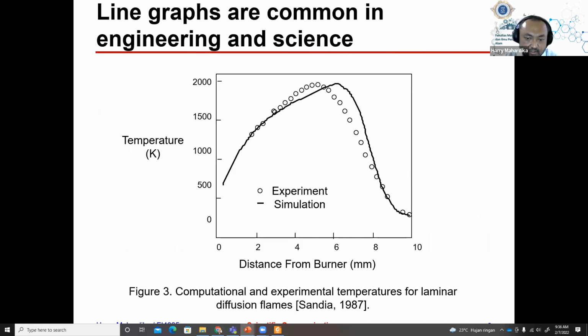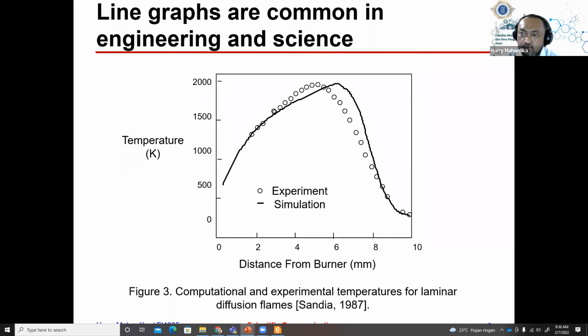Another example here is computational and experimental temperature for a laminar diffusion flame in a line graph. They are common in engineering and science, and also in social science, if I'm not mistaken. It is basically to compare two things.